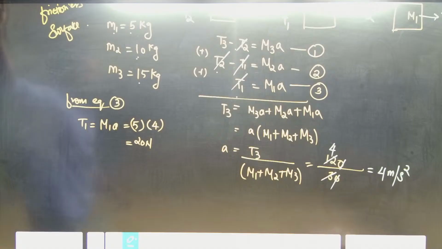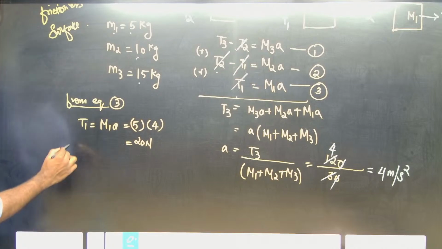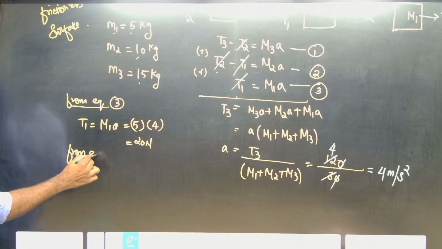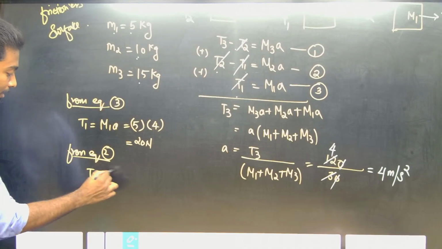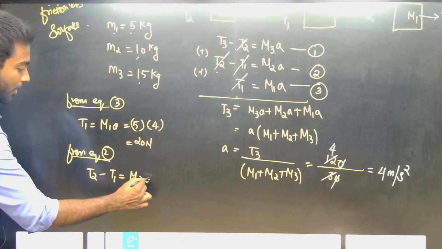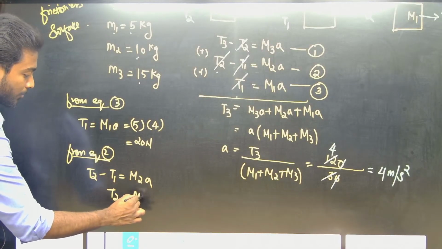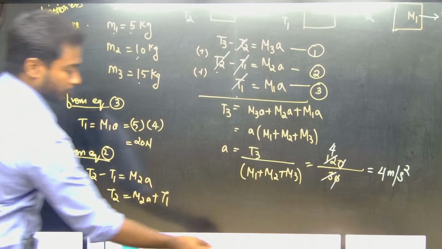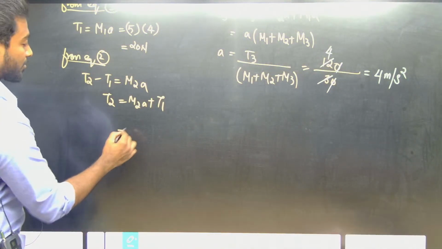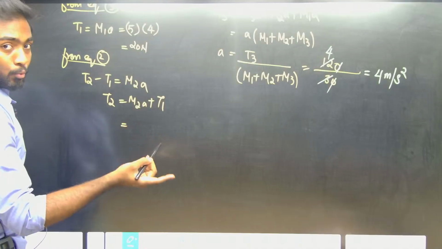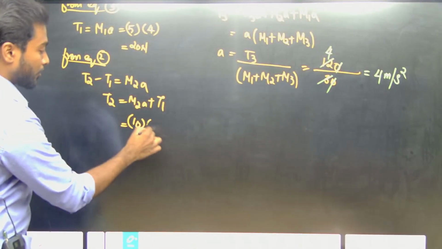The next one, either you can use the first equation or the second equation. So let me take the second equation. From equation 2, T2 minus T1 will be equal to m2a. T2 will be equal to m2a plus T1. What is m2? 10 kg, into acceleration 4.